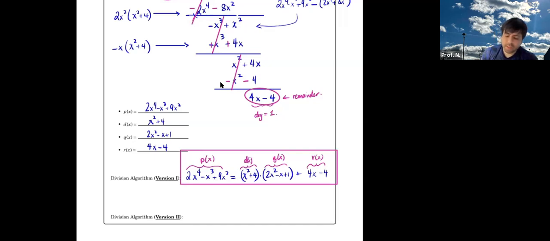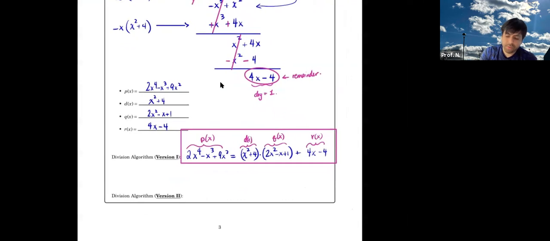For the second version, we just rewrite this slightly differently. We write 2x to the fourth minus x cubed plus 9x squared, divided by my divisor, x squared plus 4, equal to 2x squared minus x plus 1 plus 4x minus 4 divided by my divisor, x squared plus 4.